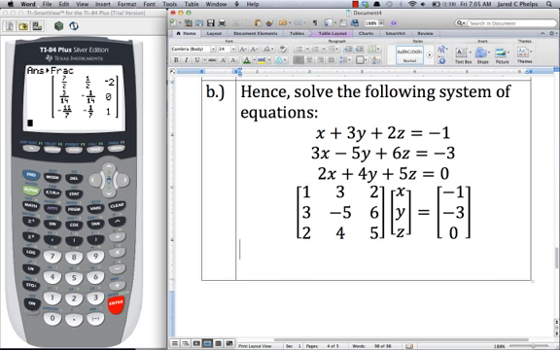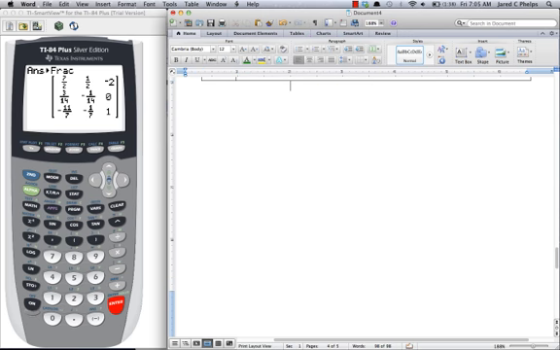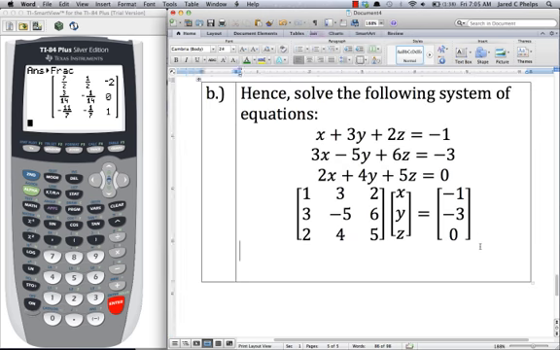Okay. Then in the next part, I want to move this onto the next page. We're supposed to know how to move the inverse over to the other side.